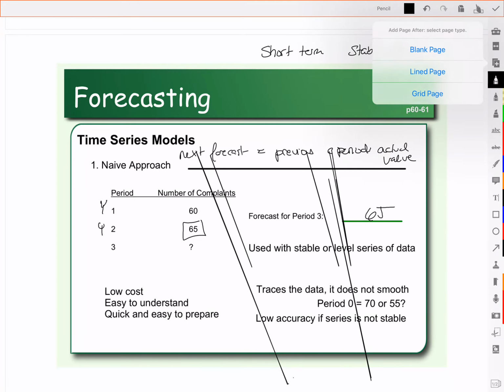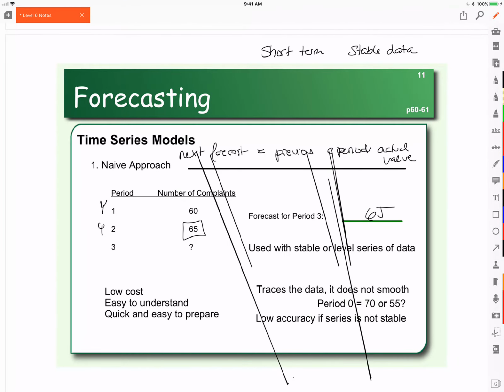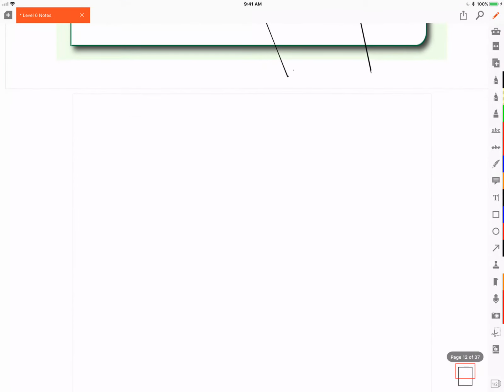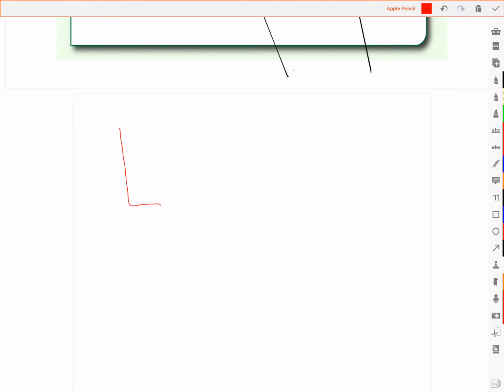So let's look at a couple scenarios here. All right, so let's suppose that this is your data over time. Okay. So we'll suppose that in period 0, let's go back a ways, that the number here is 70. And then in year 1, the number was 60.